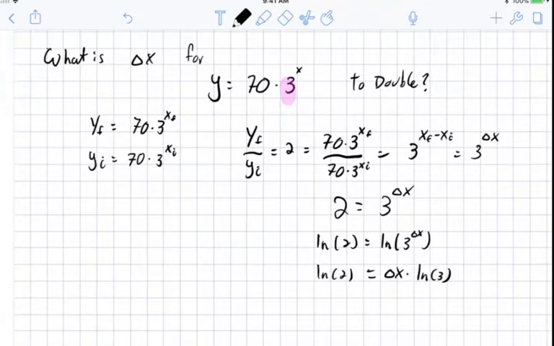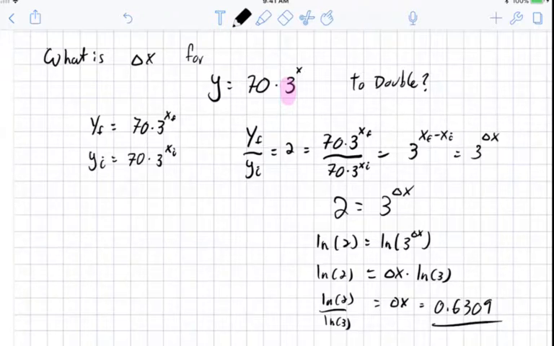So delta x is equal to ln of 2 over ln 3, which is equal to 0.6309. When x increases by this amount, y will double.